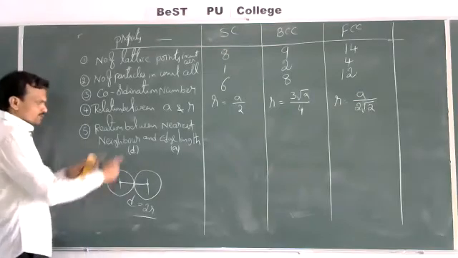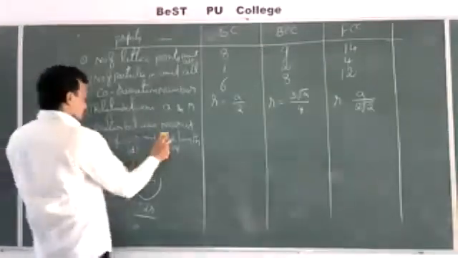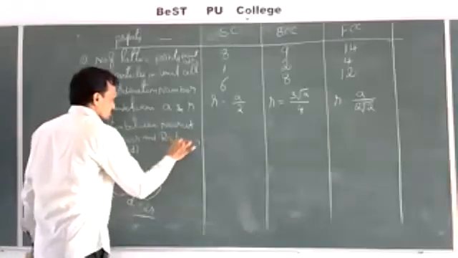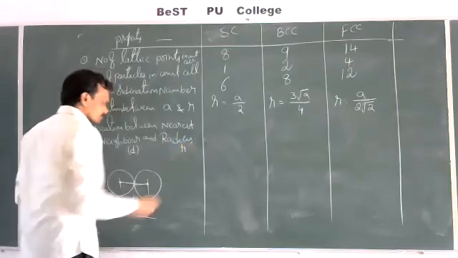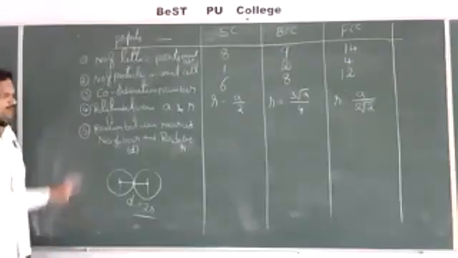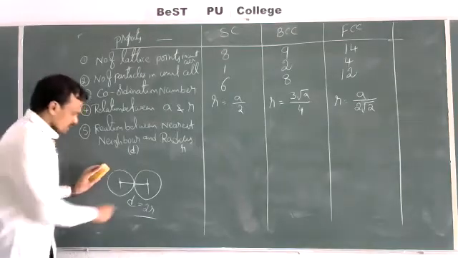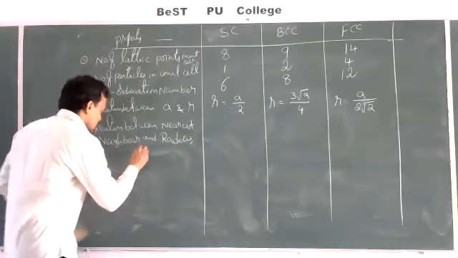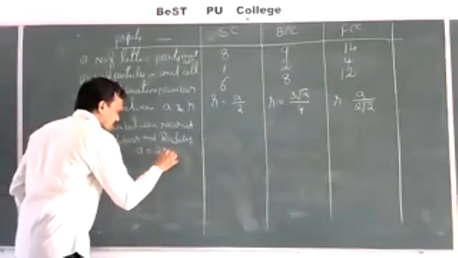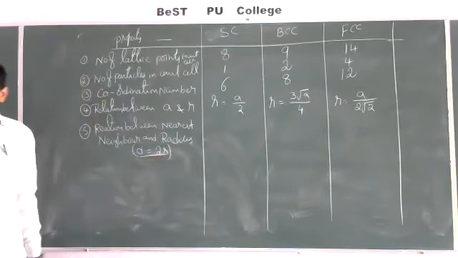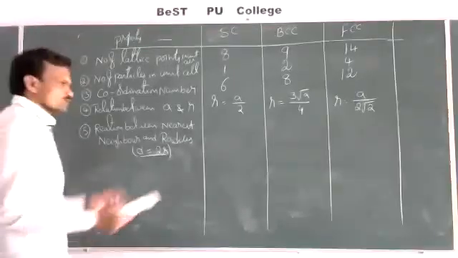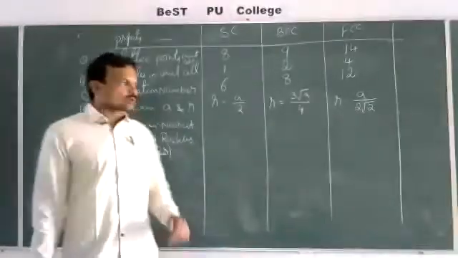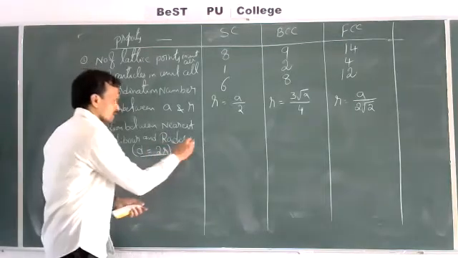So the relation between nearest neighboring distance and radius is d is equal to 2r, just double the radius. The distance between the two particles which are in contact with each other is the nearest neighboring distance, which is equal to 2 times the radius of the constituent particle.